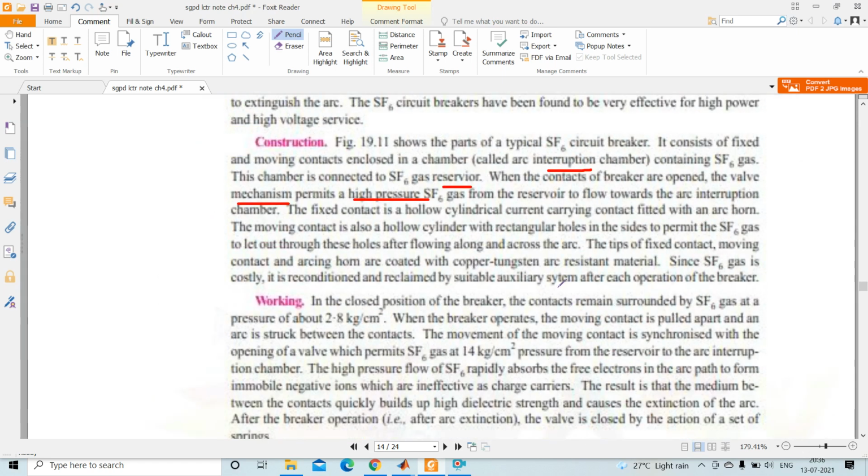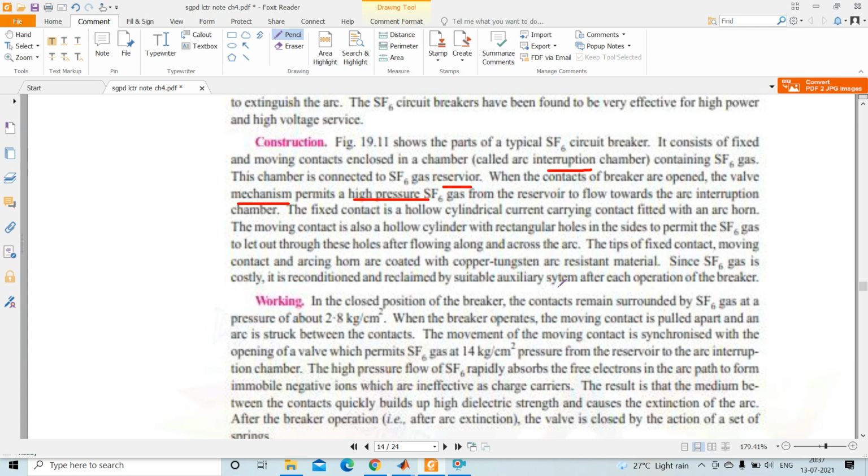When the contacts of the breaker are opened, the valve mechanism permits high pressure SF6 gas from the reservoir to flow towards the arc interruption chamber. The fixed contact is a hollow cylindrical current carrying contact fitted with an arc horn, and the moving contact is also a hollow cylinder with rectangular holes in the side to permit the SF6 gas to let out through these holes after flowing along and across the arc.